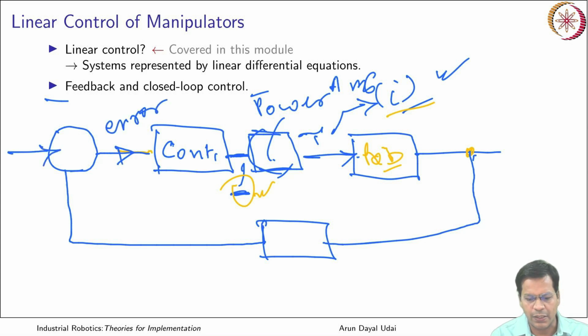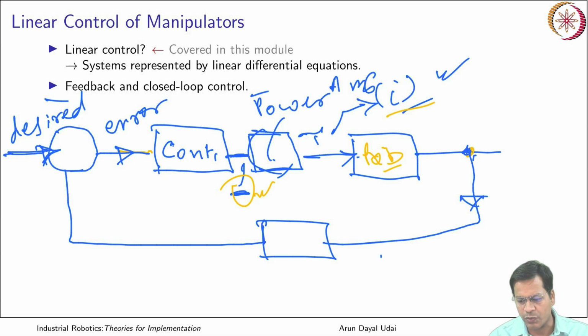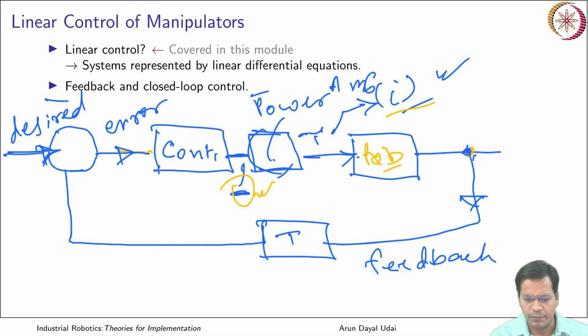And this is the signal, that is the desired signal, whatever position you want to go, whatever set of points you want to traverse, so all the sets are given over here. Actual values are fed back from here. So this line is known as the feedback line. This is your transducer.